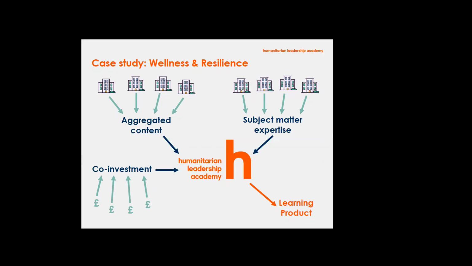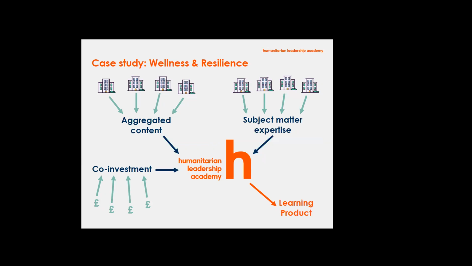Once we've identified the need, we would always seek to then bring together three things: content, subject matter expertise, and co-investment. So in many cases, there will be a lot of content already out there. We don't believe in reinventing the wheel, and we have a mantra which is to aggregate first and to build last. So we'd always seek to find out first what learning already exists.